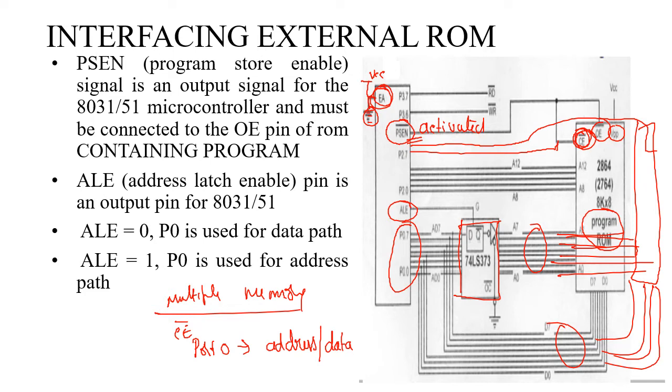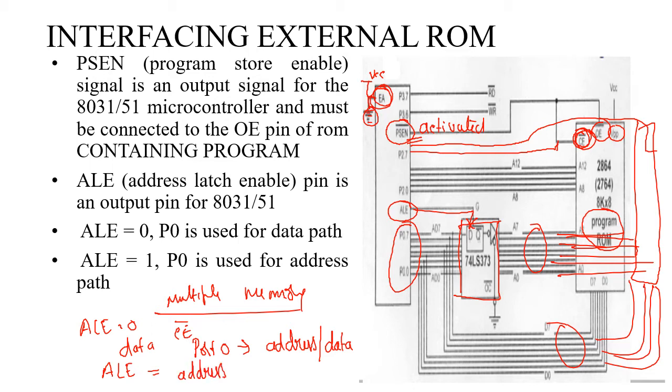Based on the address latch enable signal that the latch receives, it will separate the address bus and the data bus. When the address latch enable pin is 0, it indicates that the data coming at port 0 is data. If address latch enable is 1, the data coming out at port 0 is address.